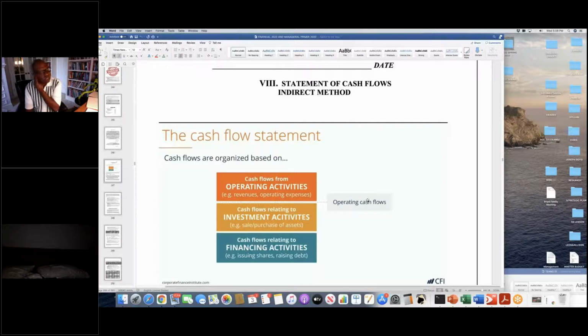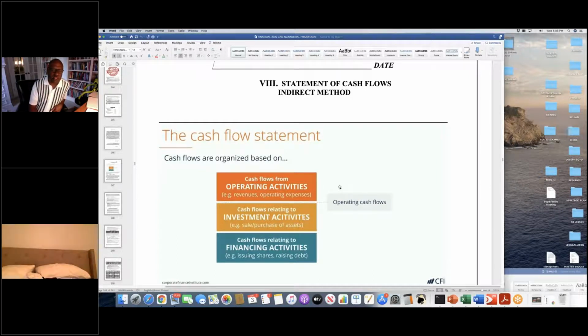For you personally, your cash should be coming in from salaries. And so when you graduate, you want to have enough salary so that this number is negative. You can buy some new things. And third, you can pay off some student loans.